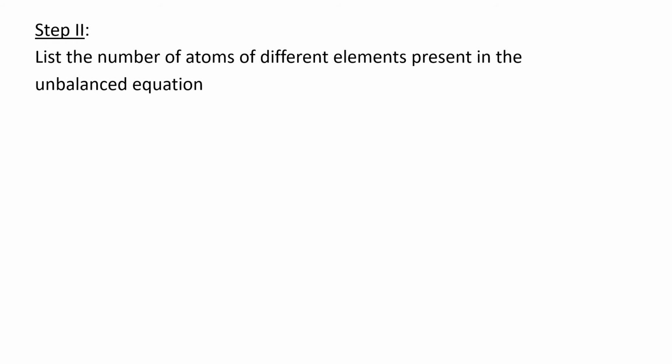So our step 2 for balancing the equation would be listing the number of atoms of the different elements present in the chemical equation. Fe plus H2O gives rise to Fe3O4 plus H2.